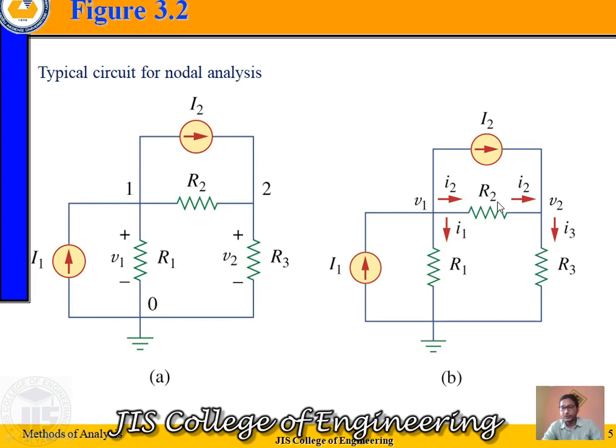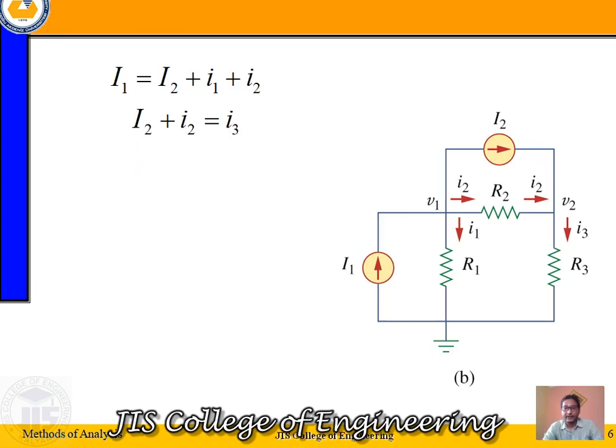For this node where the voltage is V2, we also have to consider the same current. As the first time we considered the I2 current from left to right, similarly through this R2 resistance, this current will always be from left to right.